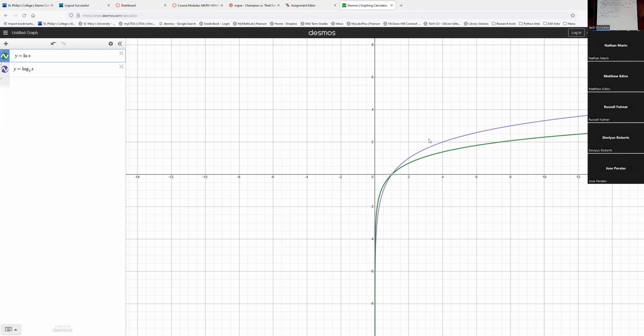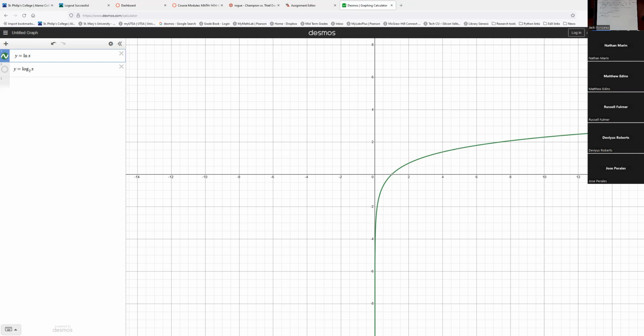Just like we have 2 to the x, 3 to the x, we have log base 2, log base 3. ln is base e. So ln means the natural log, which means it's a logarithm with base e. Log base 2 is a logarithm with base 2. That's all that means. And they have this shape. They start off growing pretty quickly and then it slows down.